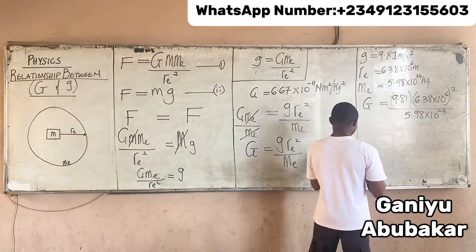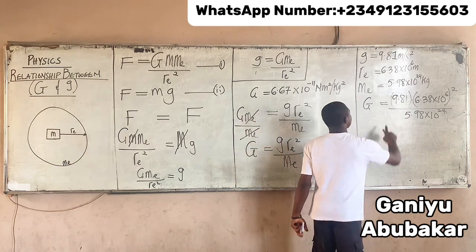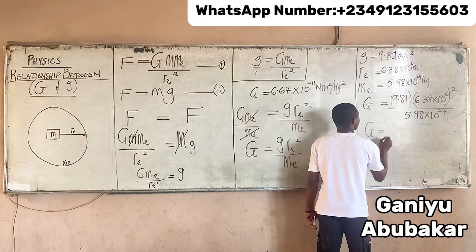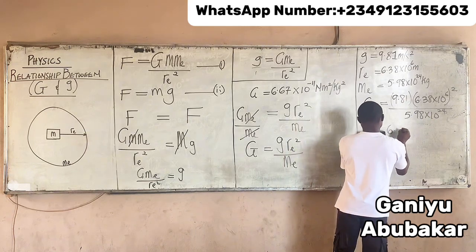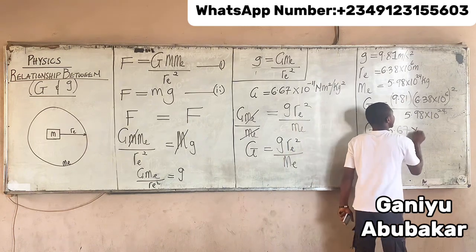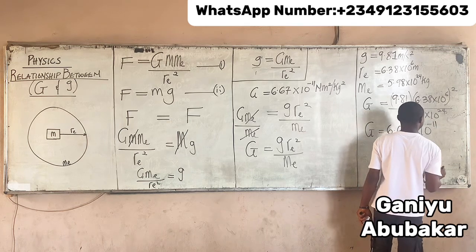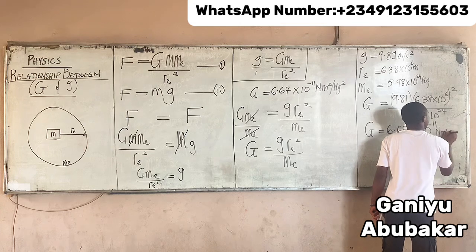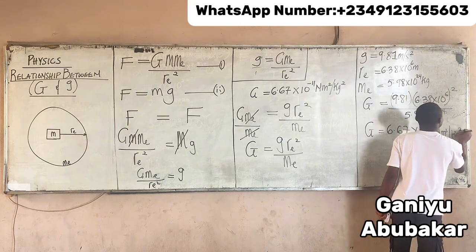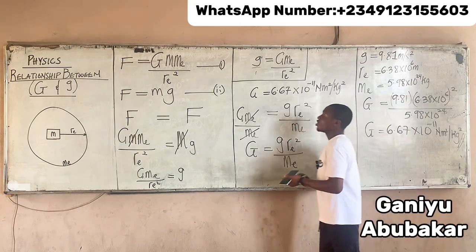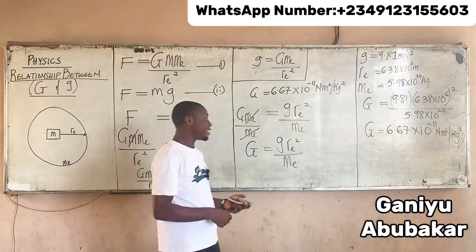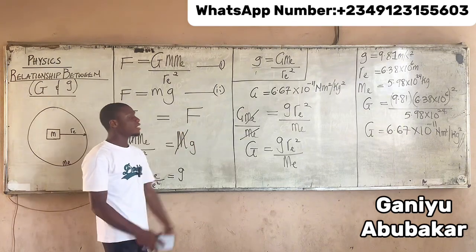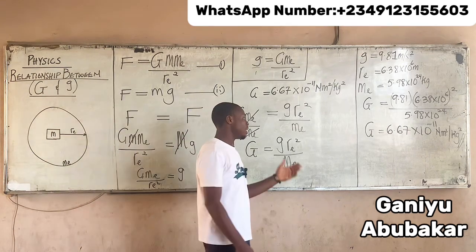From here, if I divide this, I'll get that capital G is equal to 6.67 times 10 to the power minus 11 Newton meter squared per kilogram squared. I've just shown you how to get the constant G, which is 6.67 times 10 to the power minus 11.